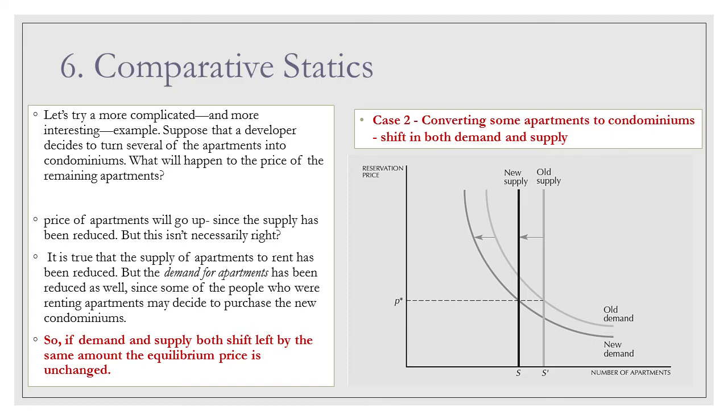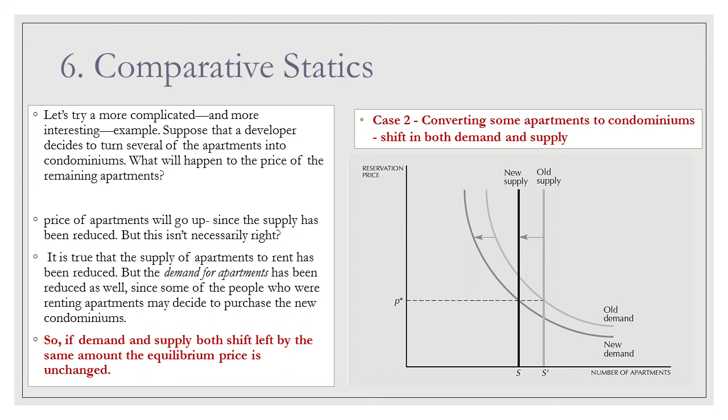But at the same time we should also notice that the people demanding the apartments, their demand would also have gone down, since some of them who were renting apartments may now decide to purchase the new condos being constructed. Once they switch, definitely a parallel shift is going to be there for the demand curve also. So both the curves are witnessing a shift.